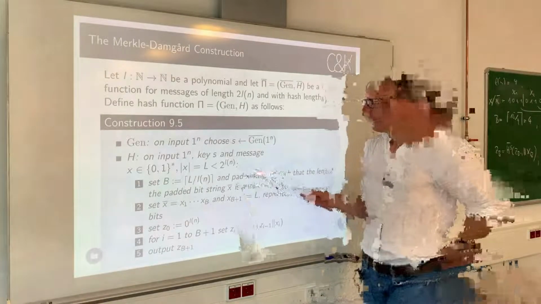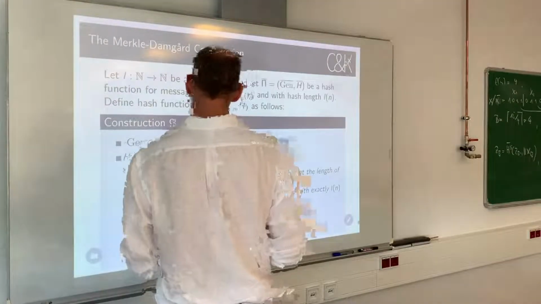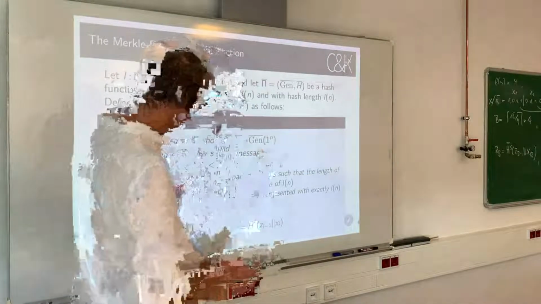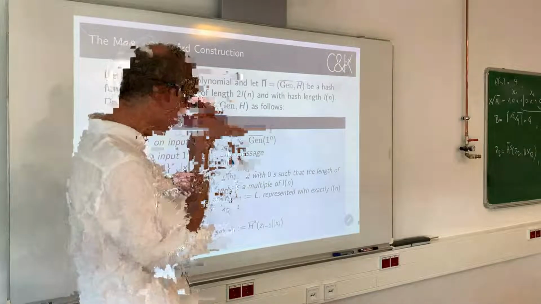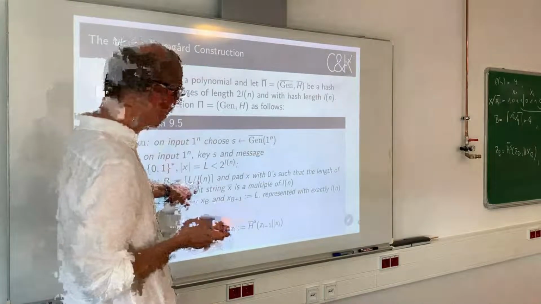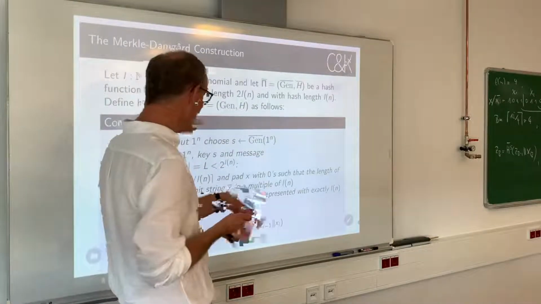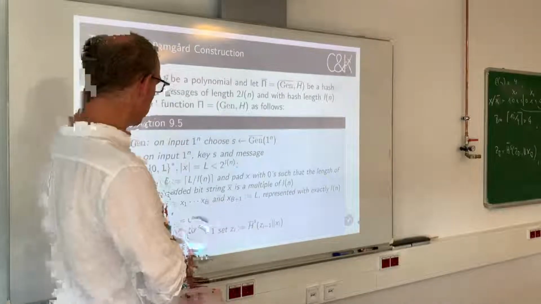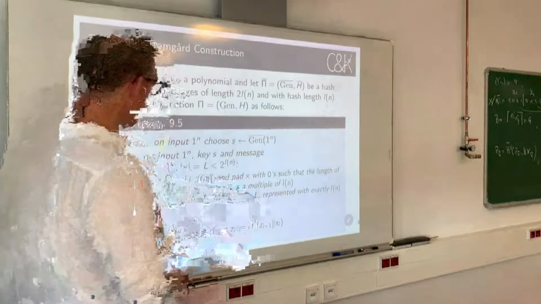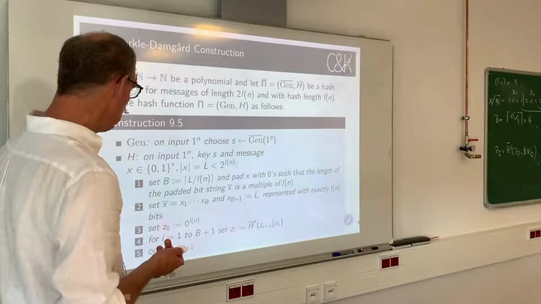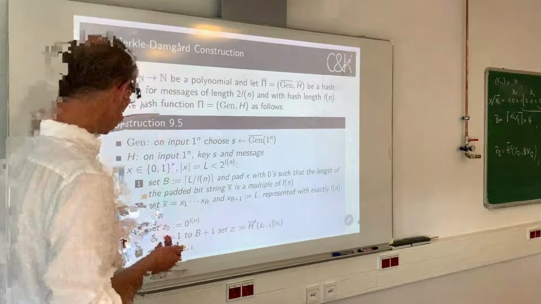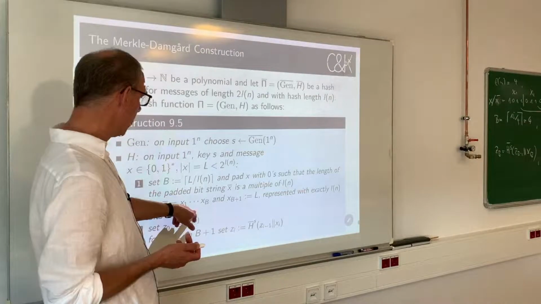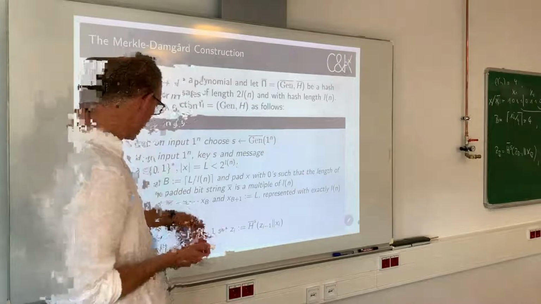Then I do the following. I set B as before, except that now, because I know that the length of x is at most capital L, I redefine this. Again, I pad x with zeros such that the length of the padded bit string x bar is a multiple of l(n). Then I set x bar to be x_1 through x_B as before.